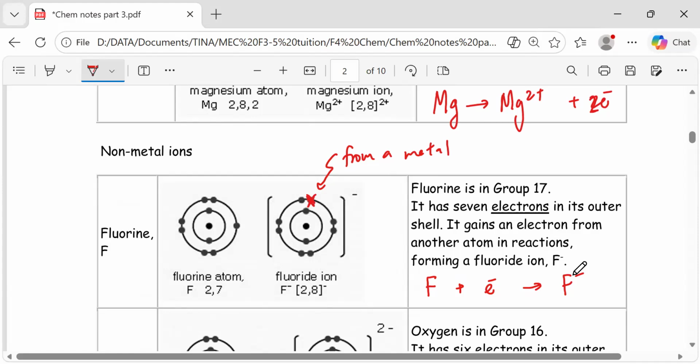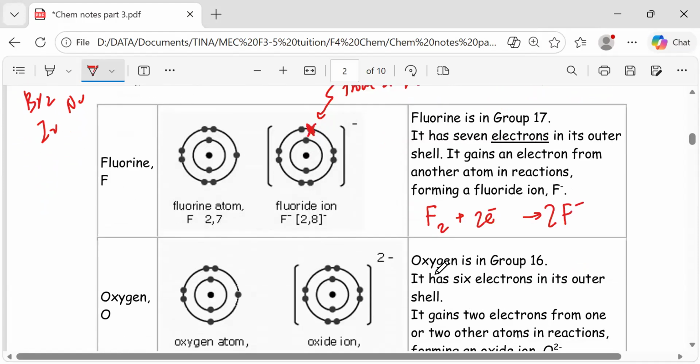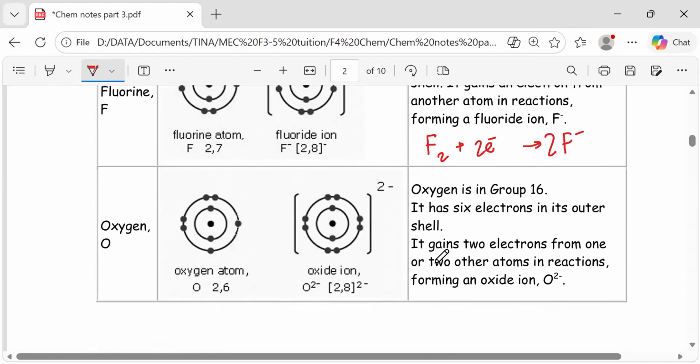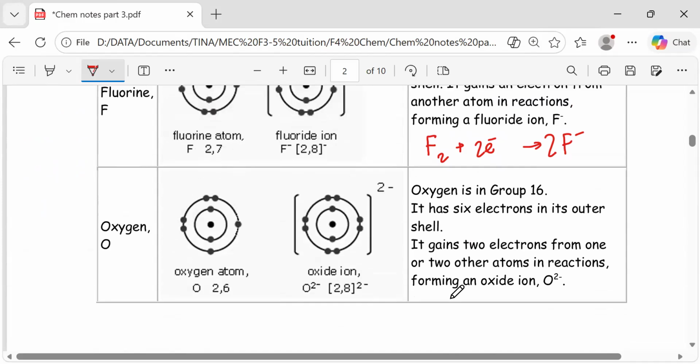Group 7, is it 1 1 1 1 1 or 2 2 2 2 2? No. Fluorine, chlorine, bromine, iodine. You forget already the list. Fluorine, chlorine, bromine, iodine, hydrogen, oxygen, nitrogen, all act as doubles, right? So it's F2 plus 2e becomes 2F negative. Okay, get it? Please do the same thing for oxygen.